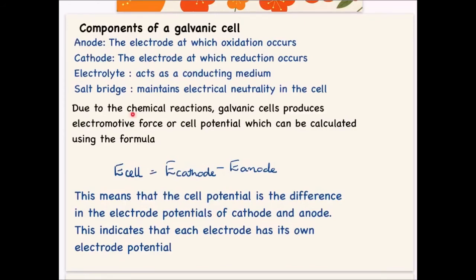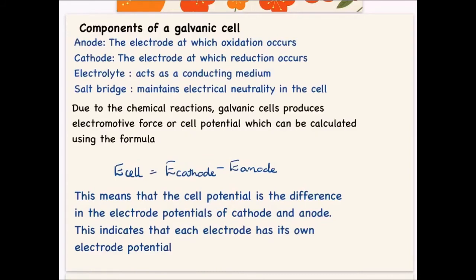Inside the galvanic cell, chemical reaction will occur, and due to the chemical reaction, electrical energy is produced, and electrical energy production leads to electromotive force or cell potential, which can be calculated using the formula: cell potential of the galvanic cell equals cathode electrode potential minus anode electrode potential.